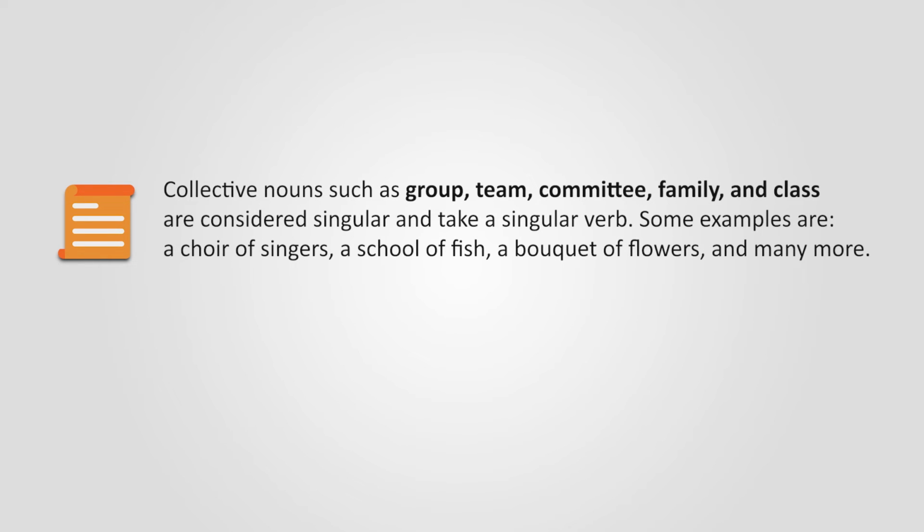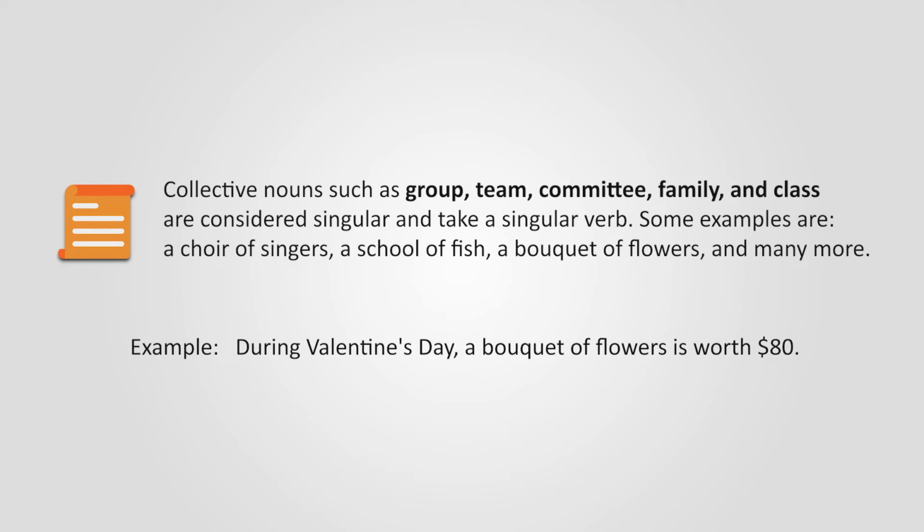Collective nouns such as group, team, committee, family, and class are considered singular and take a singular verb. Some examples are a choir of singers, a school of fish, a bouquet of flowers, and many more. Example: during Valentine's Day, a bouquet of flowers is worth $80.